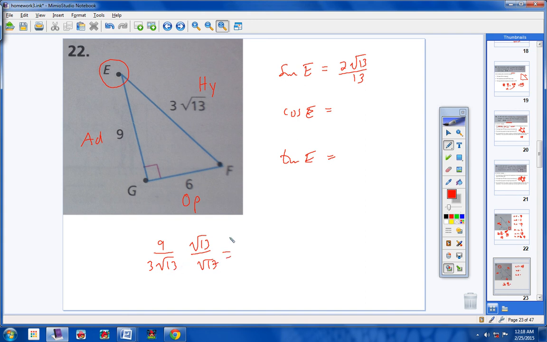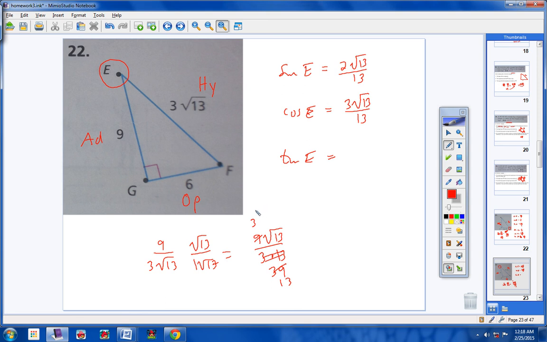So 9 times the square root of 13 will be 9 square root of 13, and 3 times 3 square root of 13 times the square root of 13, well, 3 times 1 is 3, and square root of 13 times square root of 13 would be 13, so 3 times 13 would be 39, okay? 3 goes into both of those. 3 goes into 9 3 times, and 3 goes into 39 13 times, so I would have 3 square root of 13 over 13, okay? 3 square root of 13 over 13.